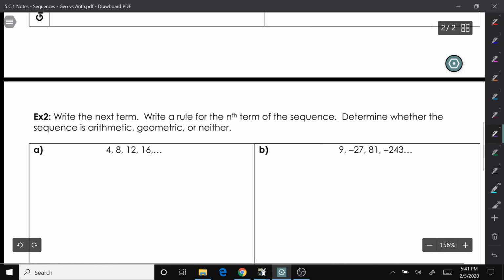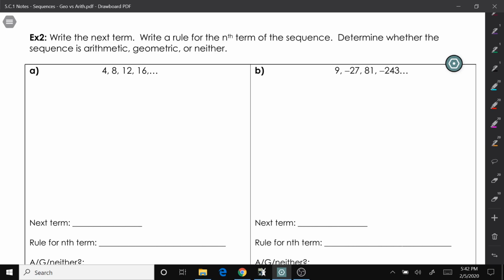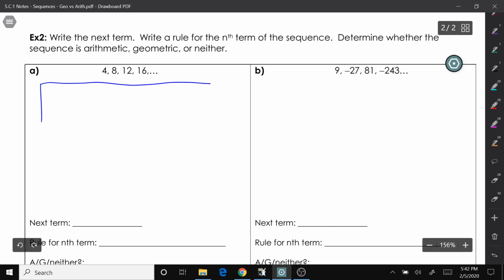Alright, let's look at the next page, please. Write the next term, and then write the rule for the nth term of the sequence. Determine whether the sequence is arithmetic, geometric, or neither. So, remember when we were making tables, we always had to go backwards and find out what the y-intercept was.